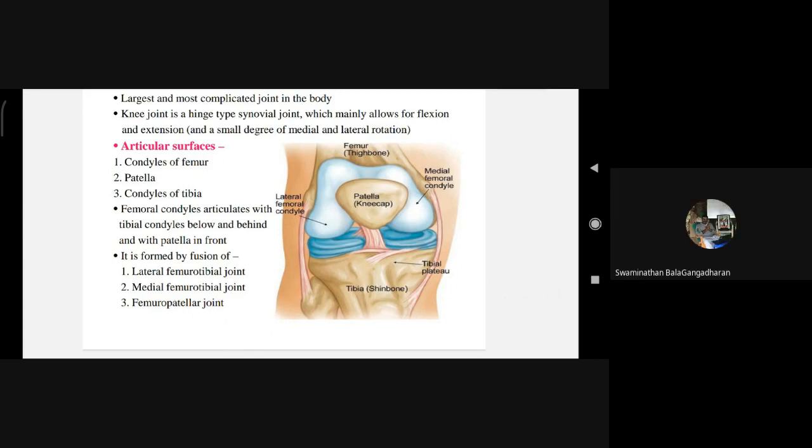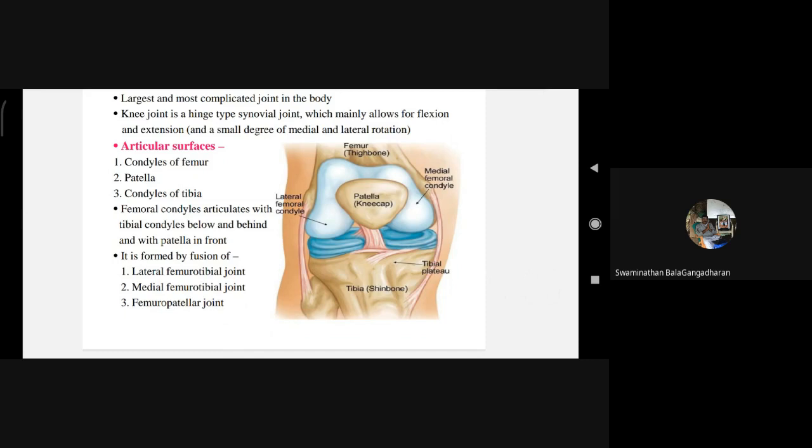So the knee joint allows a slight movement of medial and lateral rotation. You can feel that your knee joint is not only allowing flexion and extension, but we can also medially and laterally rotate our lower leg a bit.